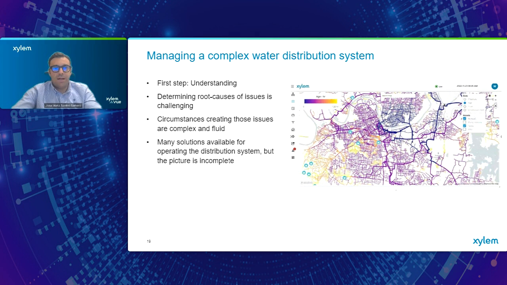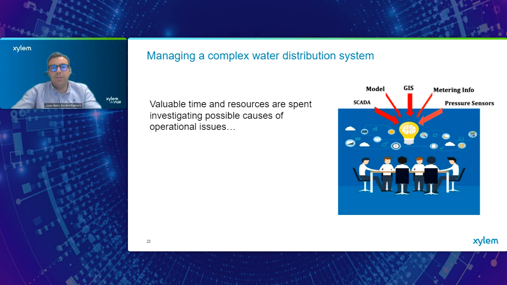As we mentioned, the information available in the utility is very heterogeneous. In this case, we have SCADA, we have hydraulic models, we have GIS, metering information, customer information as well, work orders, and so on. All these solutions are at our disposal in the utility and provide critical information on the water distribution system.